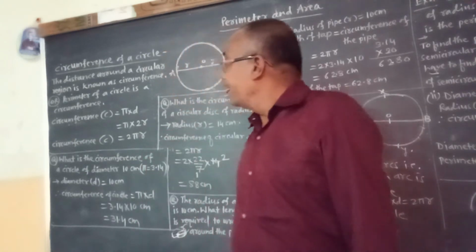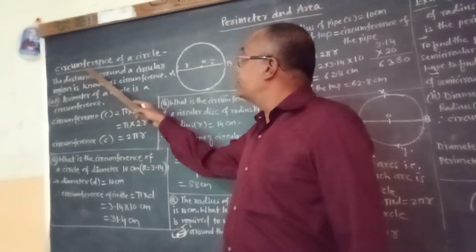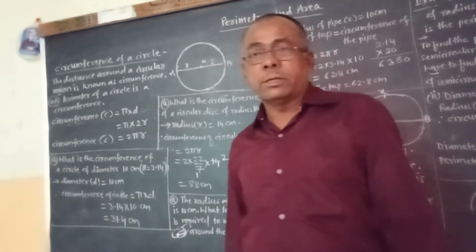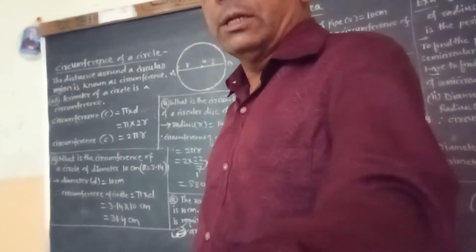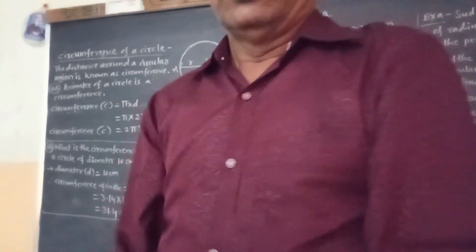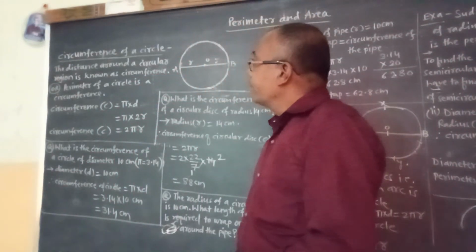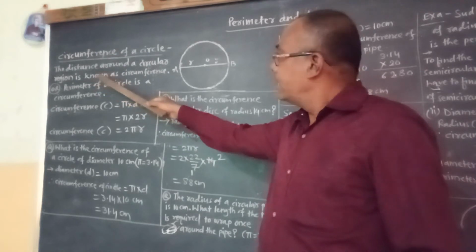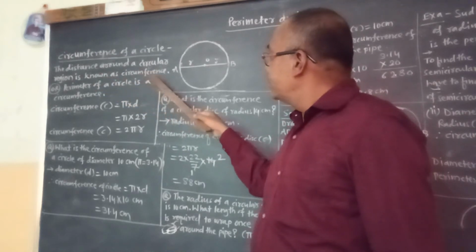Now we are going to learn circumference of a circle. So what is meant by circumference? The distance around a circular region is known as a circumference.